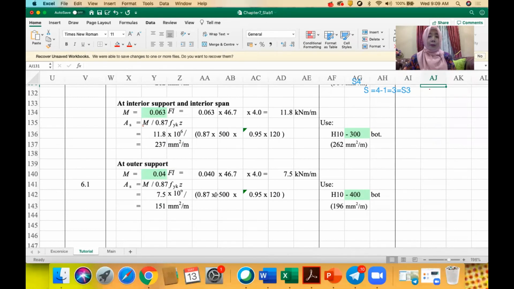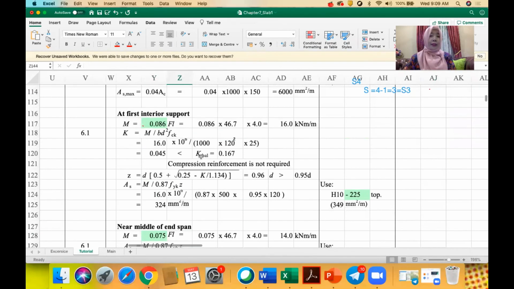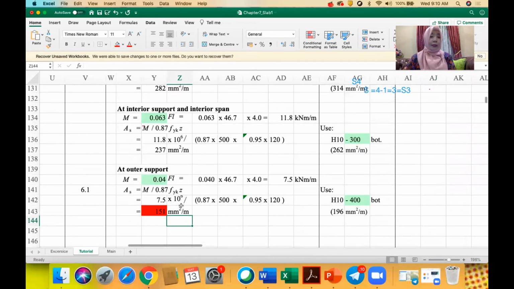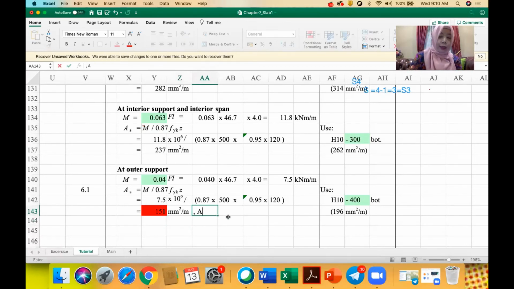And outer support here, look at here, this value is actually less than the minimum. The minimum here is 156. Therefore, we must choose the AS minimum, since it is less than AS min.